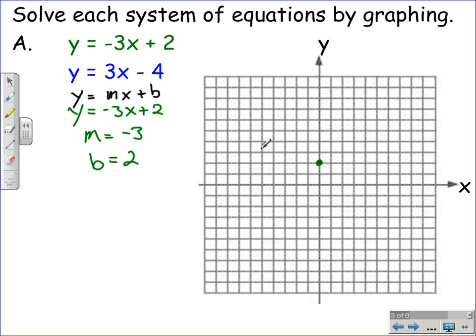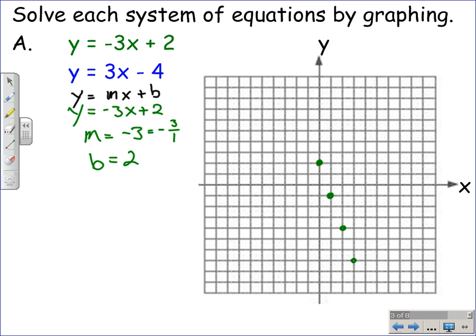Then we use our slope, which is negative 3, or we could write it as negative 3 over 1, which means we're going to plot additional points. We go down 3 and to the right 1 from this point. So from the y-intercept, we go down 1, 2, 3, to the right 1, and we can repeat that pattern until we're out of room.